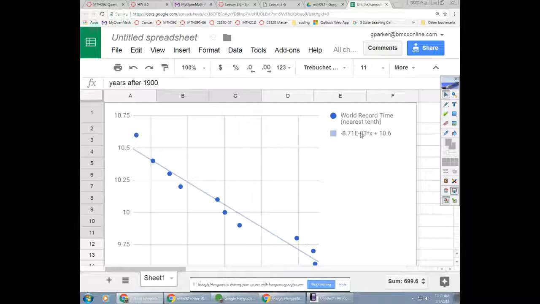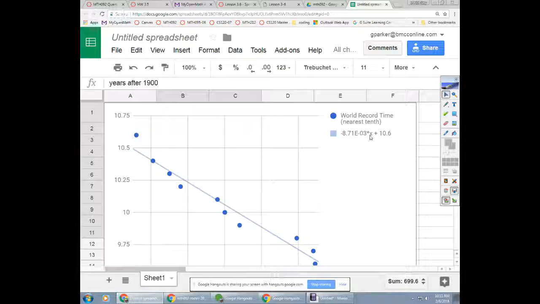Notice the points have the same shape they did before. The slope shows the shape of the points. The way they drop here, the angle they drop at, that's not going to change whether I do the year 1908 or I call it 8. Because then all the points are the same distance apart horizontally. So it still has the same slope, but changes the y-intercept.